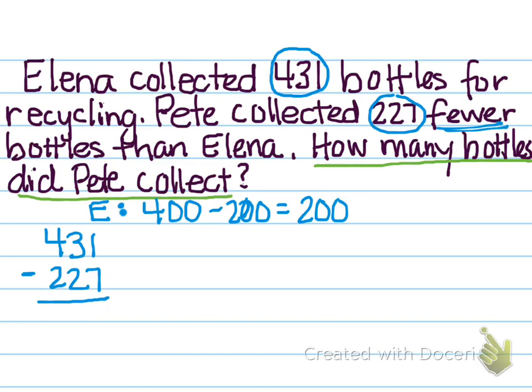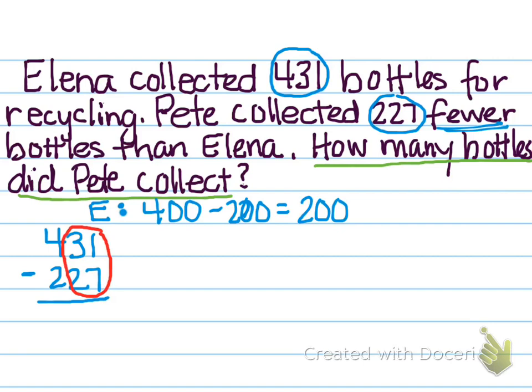So, I'm going to say to myself that since 7 is greater than 1, I'm going to combine the place value. I'm going to combine the tens and the ones place. So here I go. I'm combining that. And I'm going to think now there are 31 ones and 27 ones.